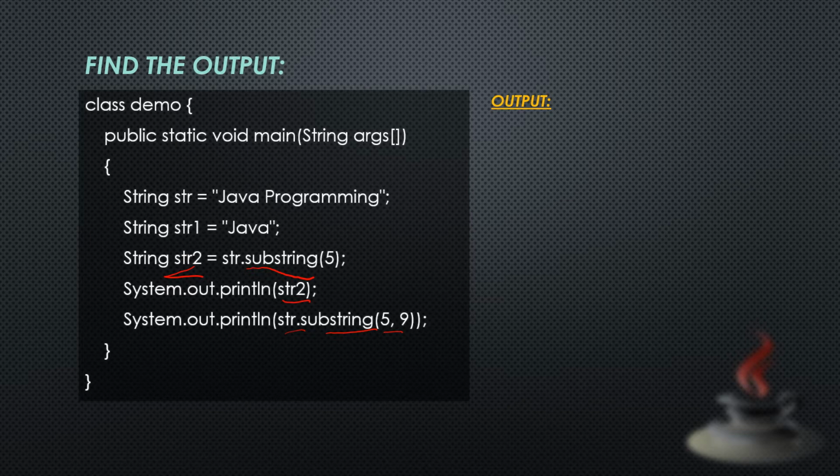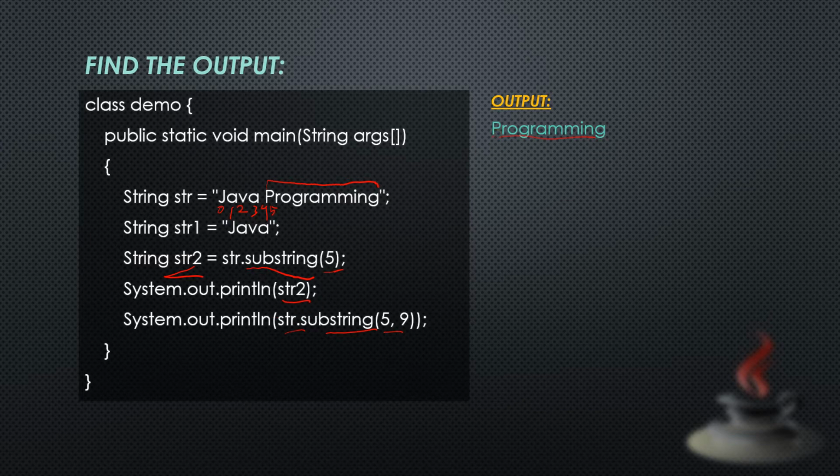The substring divides the string into parts, starting from index 5. Counting 0, 1, 2, 3, and space is 4, so index 5 is p. From the p it takes the rest of the part and stores it in string2, so the output is "programming".